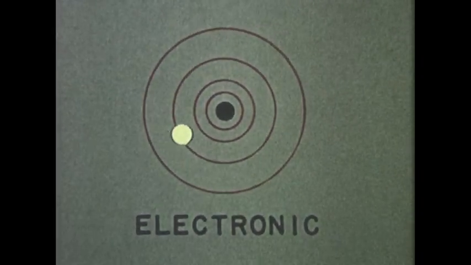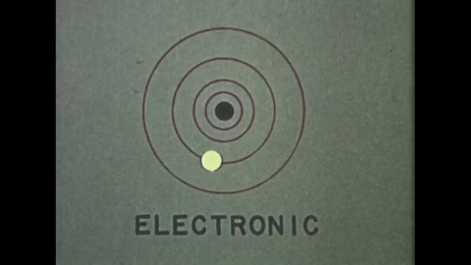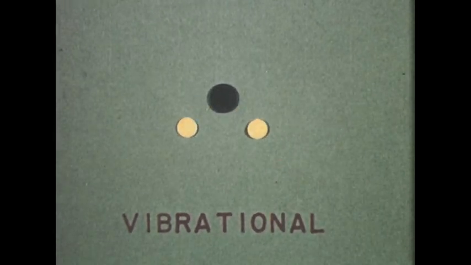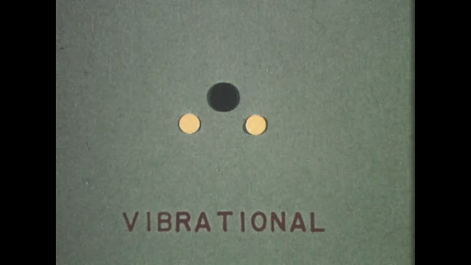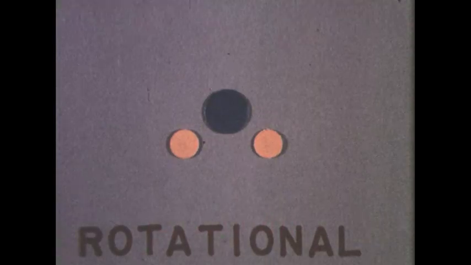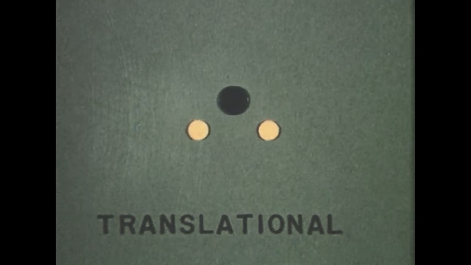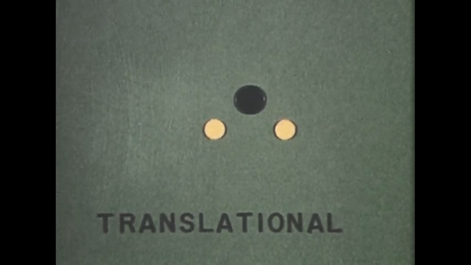Thus, the total energy of a molecule is a summation of the energy involved in the electronic, vibrational, and rotational transitions, plus the translational energy, which is the energy involved in the translation of the molecule through space.